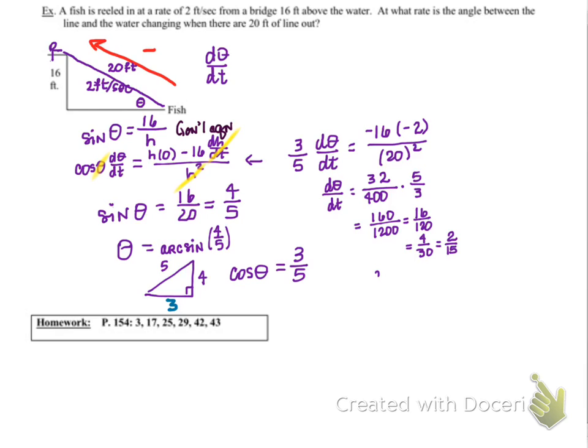So dθ/dt is 2/15 radians per second. And in calculus, you are always in radians. You're never in degrees. Okay, next slide.